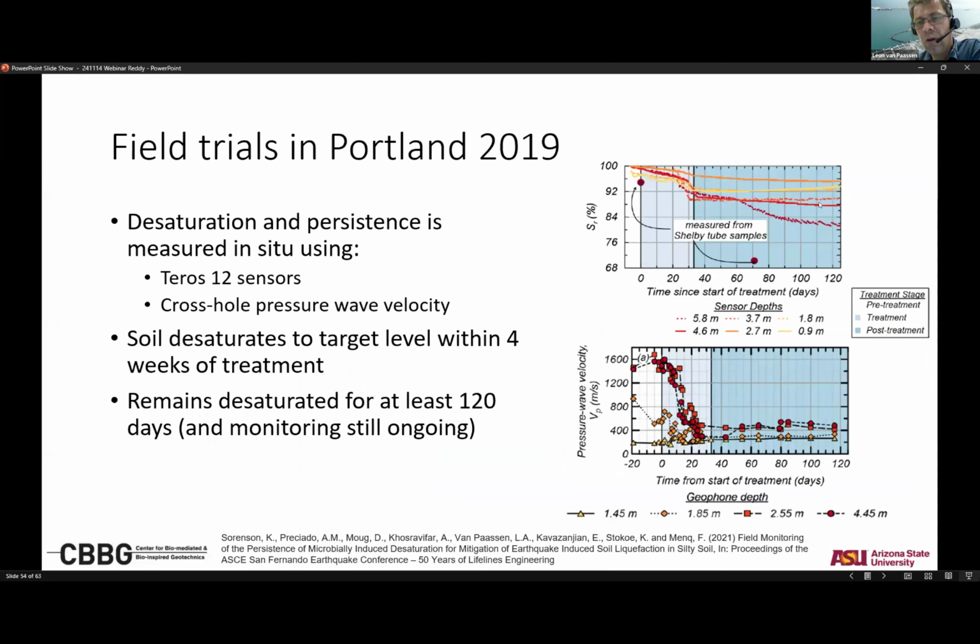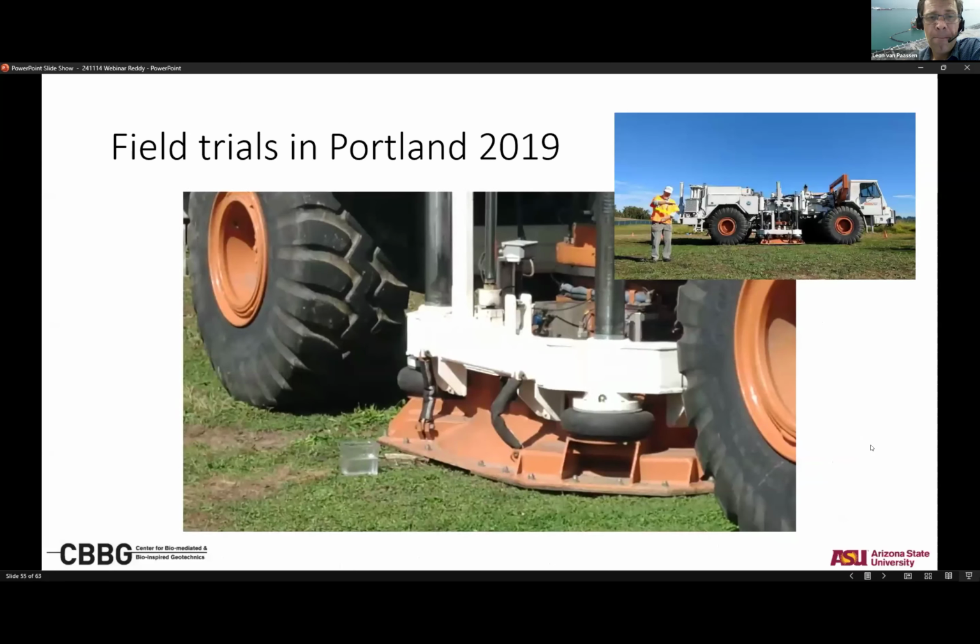Here, these graphs show 120 days, but we have continued to monitor it since 2019. And over the last 5 years, particularly the deeper sensors, both in pressure wave velocity and in the TEROS 12 sensor, have demonstrated continued desaturation for almost 5 years now.